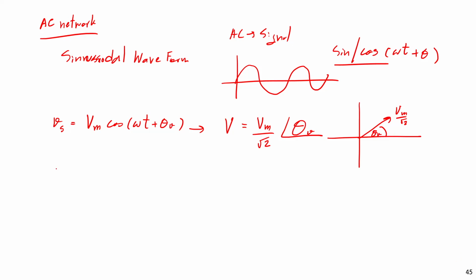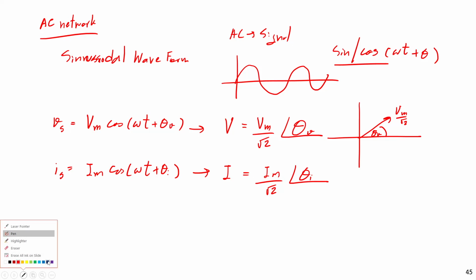Also for the current, this is I max cos(omega t plus theta I). So I in the form of a phasor is I max divided by square root 2 with angle theta I. If theta I is negative, you can represent it in this form, I max divided by square root 2.